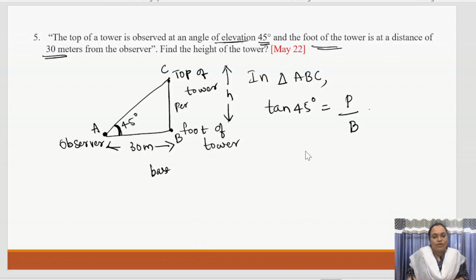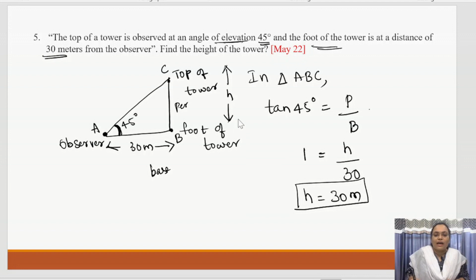What is tan 45? Tan 45 is 1. Perpendicular is h and base is 30. From here you will get h is equal to 30 meters. So the height of the tower is 30 meters. Clear?